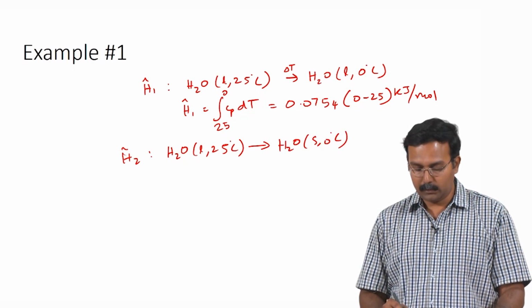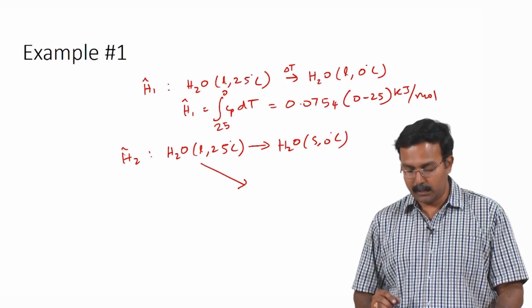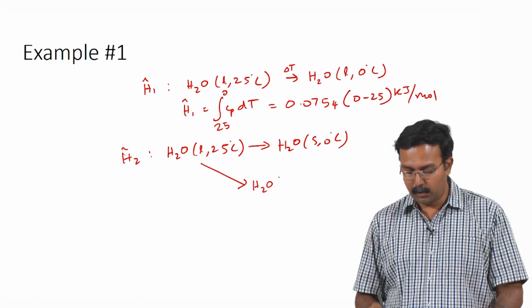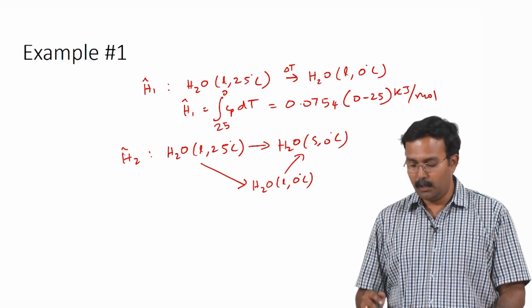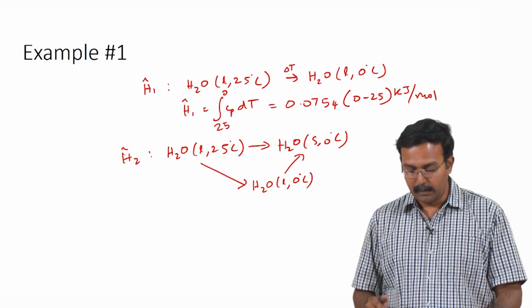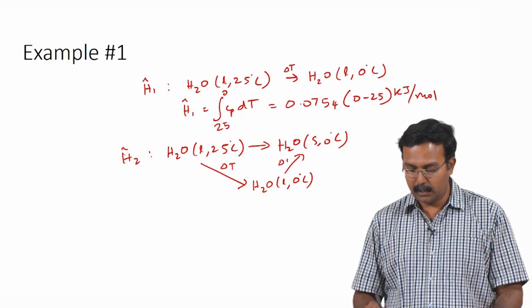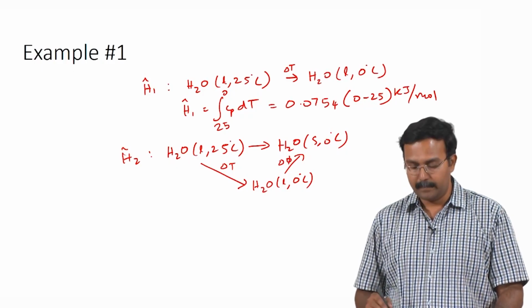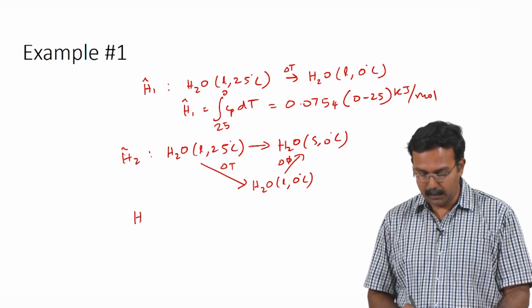So, now this actually has 2 steps, where water liquid at 25 degrees Celsius is cooled to water liquid at 0 degrees Celsius, and from here it solidifies to form water solid at 0 degrees Celsius. So, these 2 steps are there, one where there is change in temperature and the other where there is change in phase. Now, let us see how the total change in enthalpy, which is H2 cap, can be calculated.